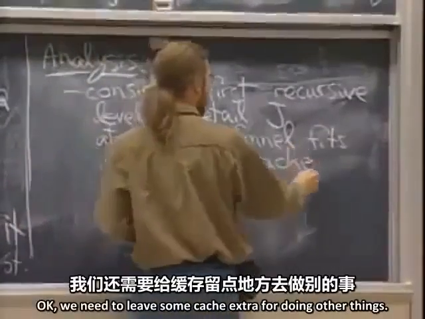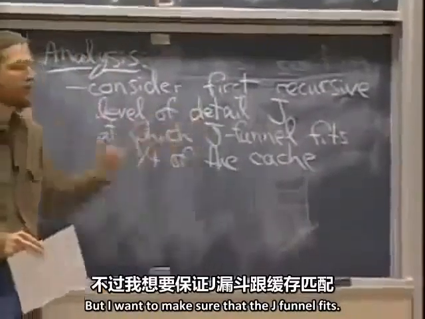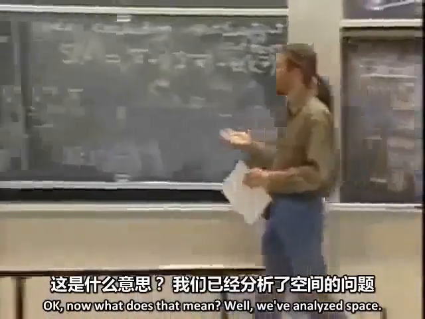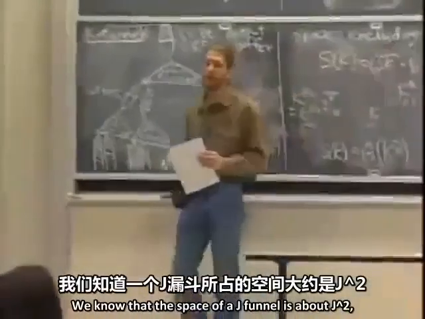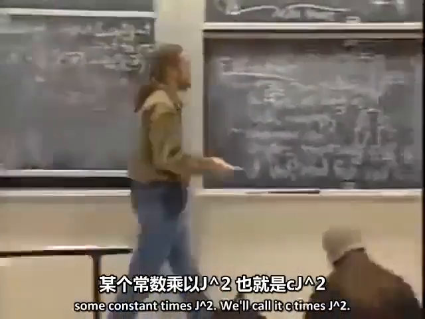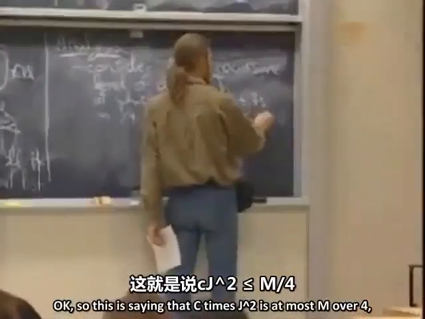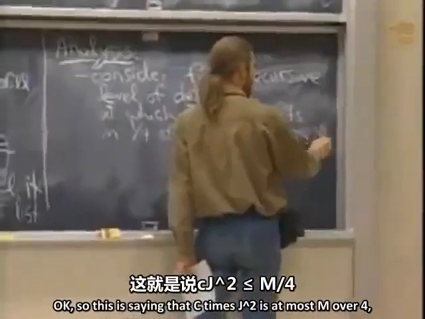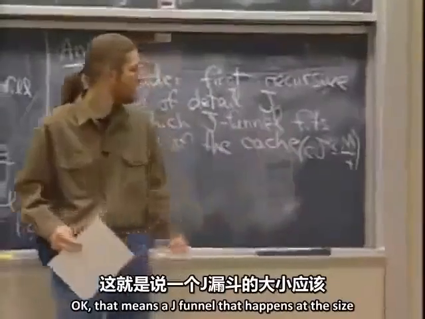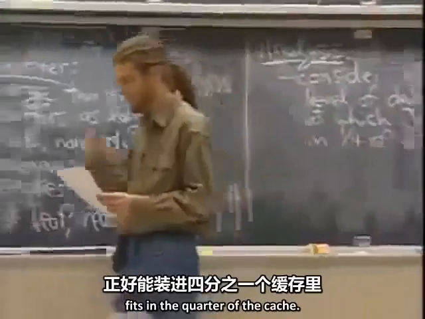We need to leave some cache extra for doing other things. But I want to make sure that a J funnel fits. Now what does that mean? Well, we've analyzed space. We know that the space of a J funnel is about some constant times J squared. Call it C times J squared. So this is saying that C times J squared is at most M over 4, 1/4 of the cache. That means a J funnel, which happens to have this size, fits in 1/4 of the cache.